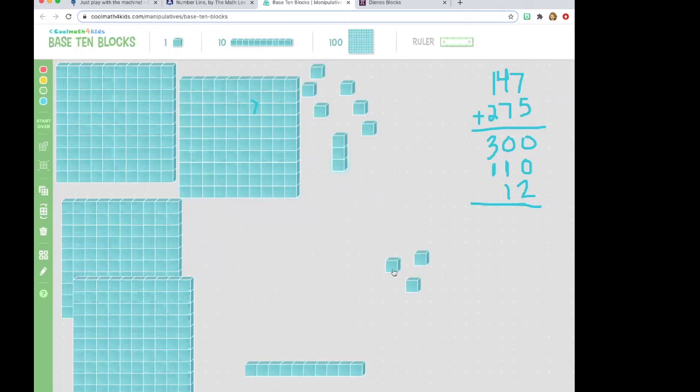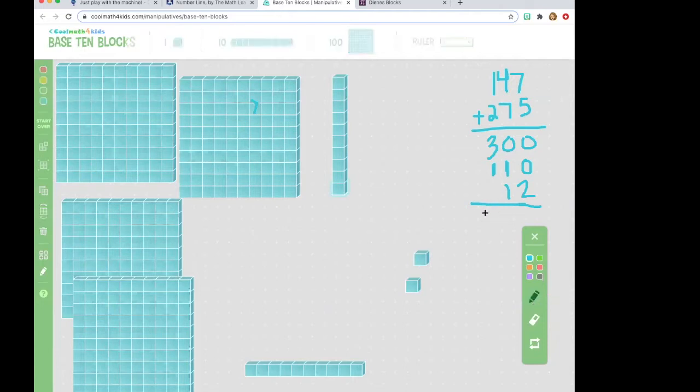Oh, that went underneath. 8, 10. Stack these up. And now what do I see? I see, bring my pen back, 4 flats, 1, 2, 3, 4, and 2 rods, and 2 left over. 2 ones, 422.